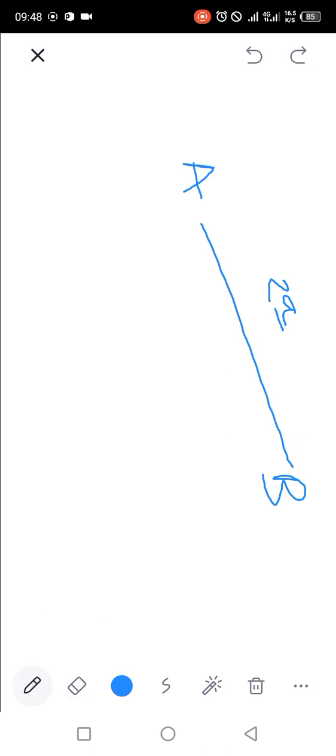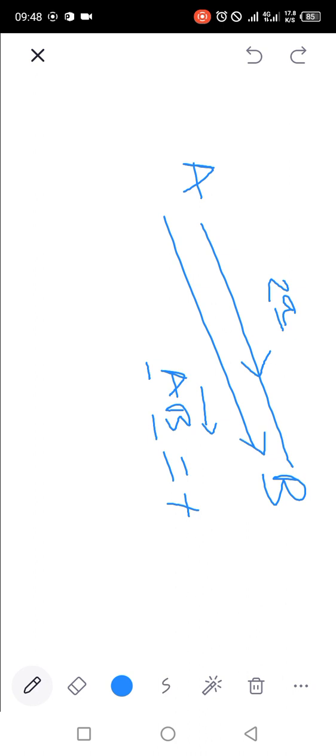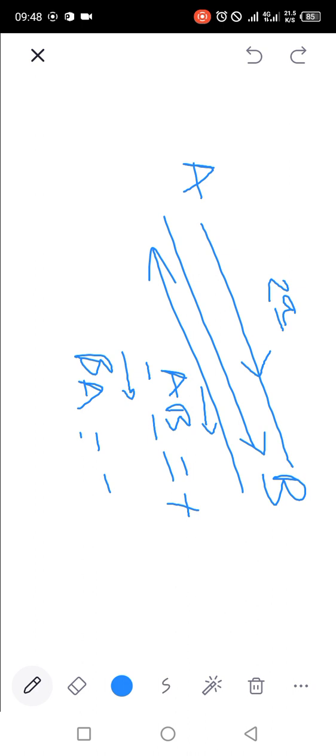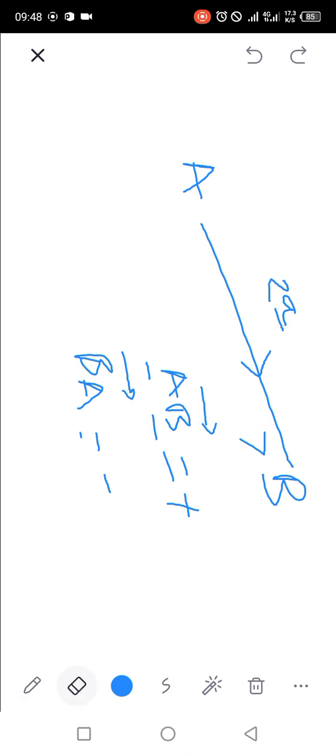For instance, looking at AB, you are moving from A to B, so that is positive because you are going towards the arrow. And if we say BA, it means you are against the arrow, you are coming backwards, so it is negative. Have you gotten it now?